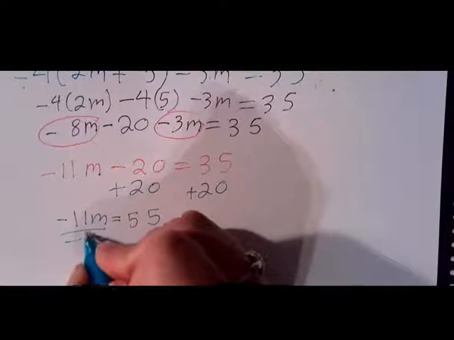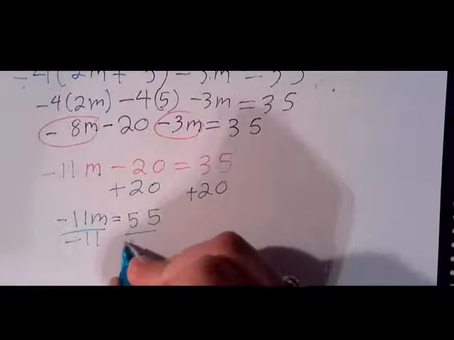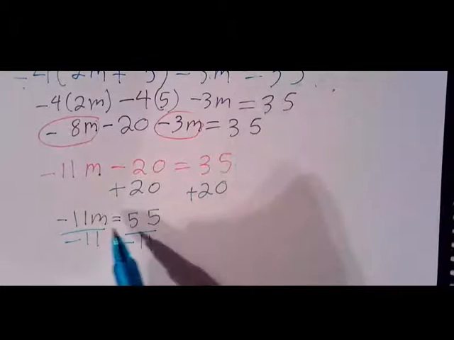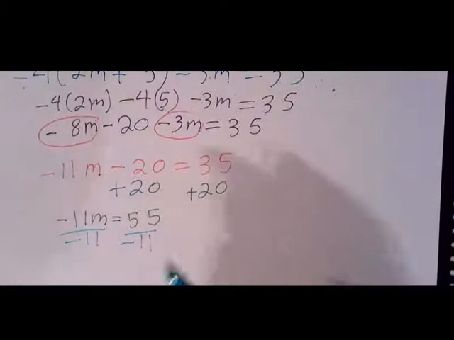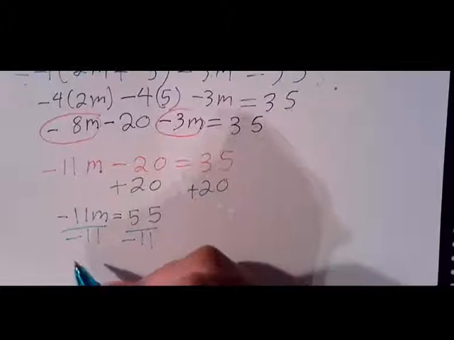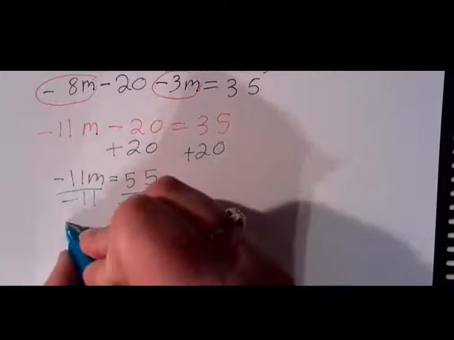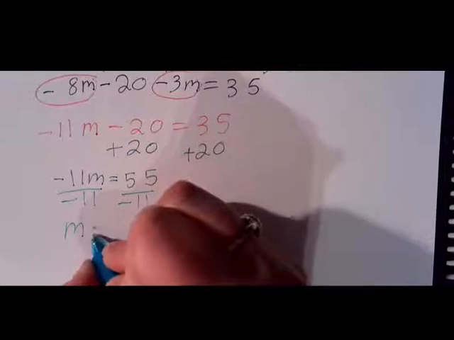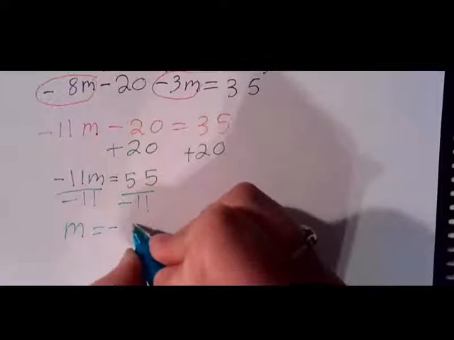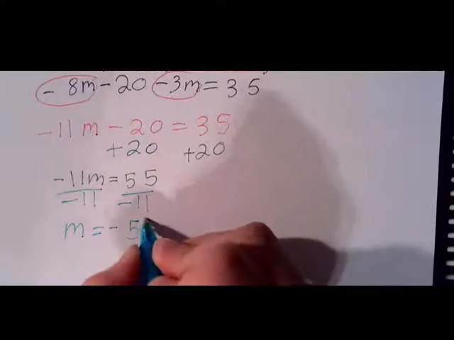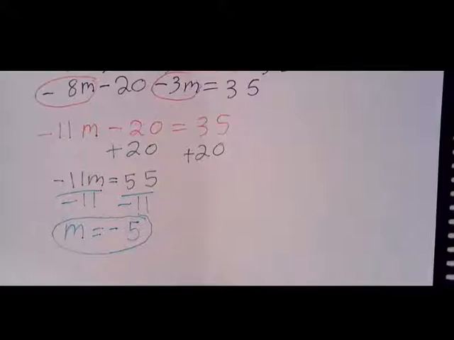Divide both sides by negative 11 because 11 is multiplying to m and we are looking to isolate m. So we get m is equal to negative 5. And there is our solution for this problem.